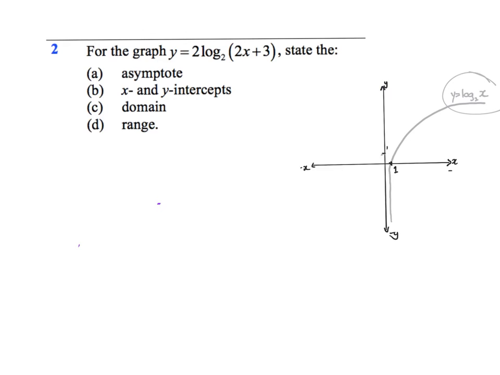Now we're going to look at the little things that happen here. First of all, we know there's some movement happening, but we don't normally like to see it written like that because we like to see what's been added or subtracted from x. So really, what we should do is factorize this first. I'm still going to have 2 log 2. I want x by itself. So if I take 2 out, I'd be left with x, but you also took 2 out of 3.